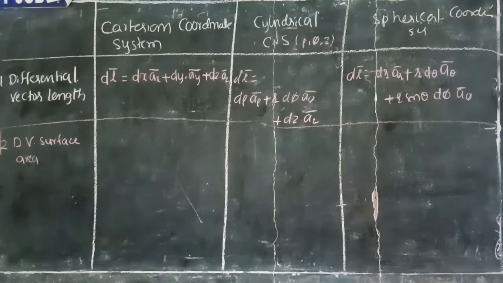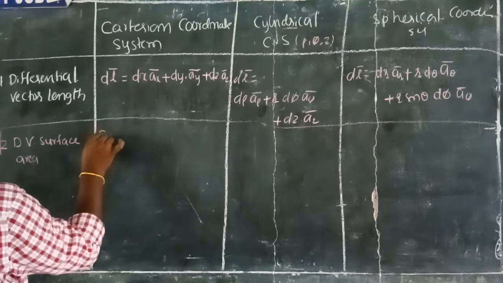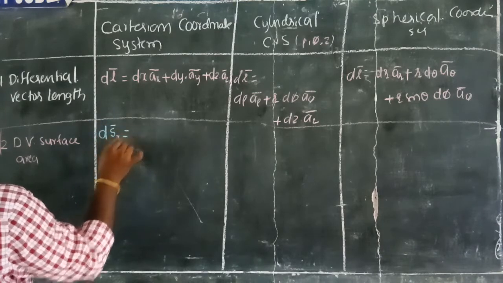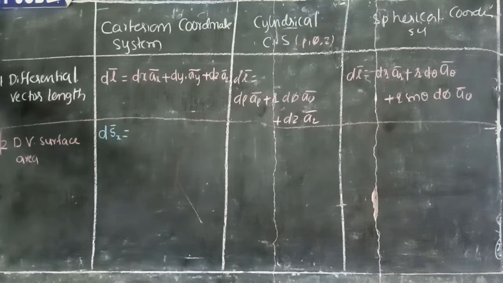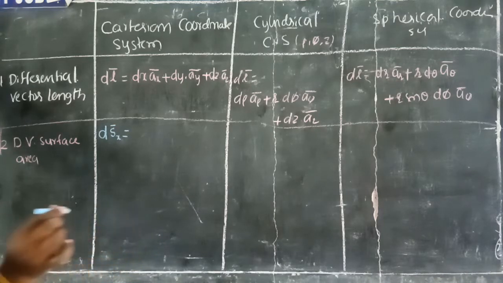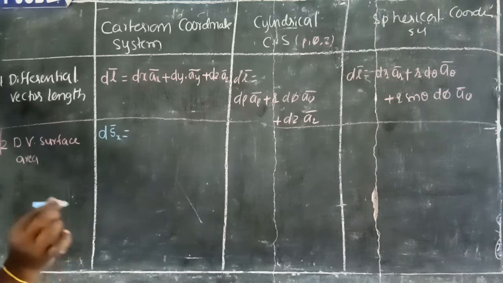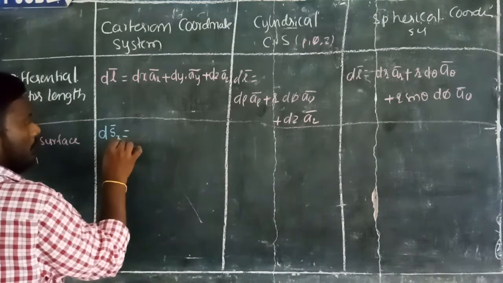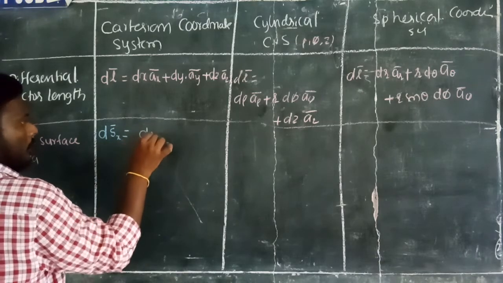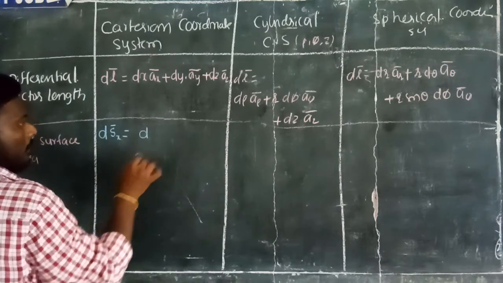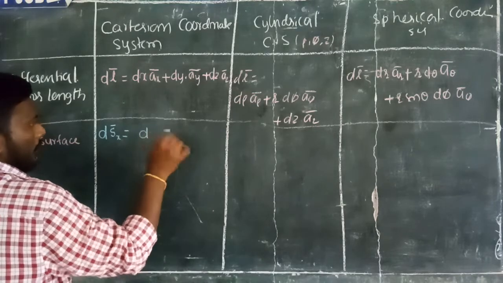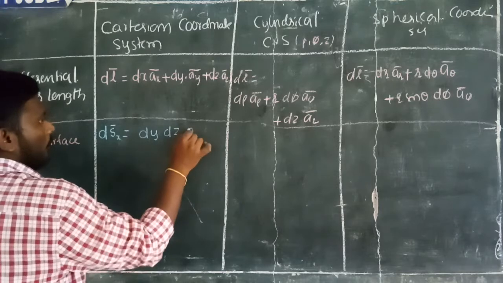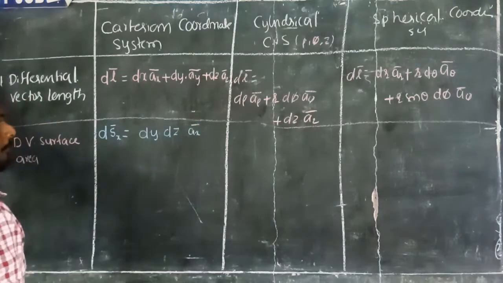Differential vector surface area: ds x bar means the differential vector surface area which is perpendicular to the front surface, in the direction of the x axis. The x term is not repeated in the expression, so it is considered as dy dz into ax bar.